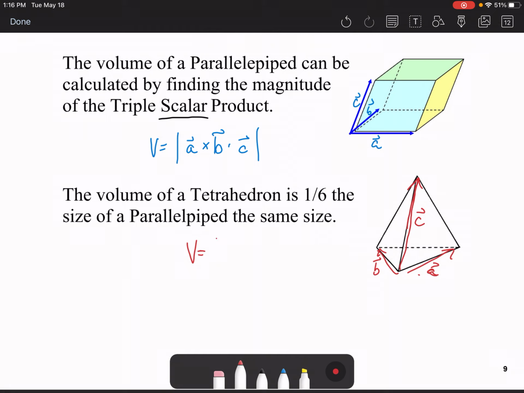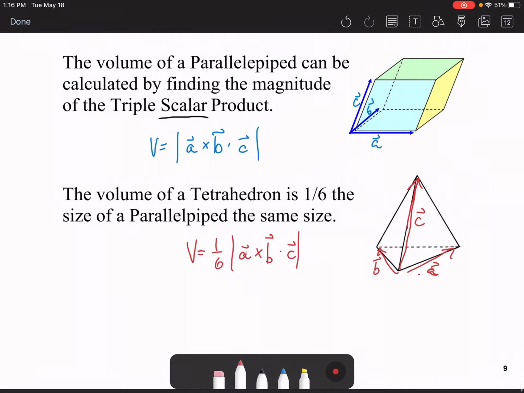Then in order to calculate this, you're just doing 1/6 the magnitude of A cross B dot C. And then you just calculate from there.